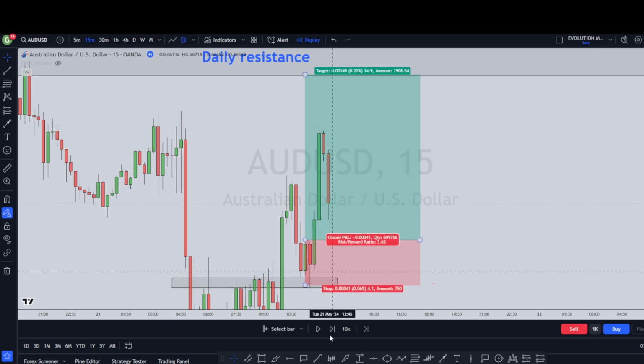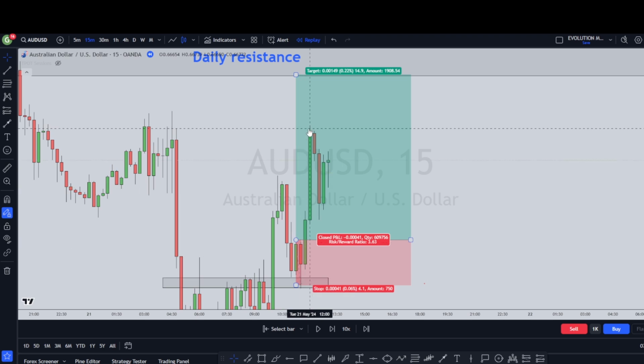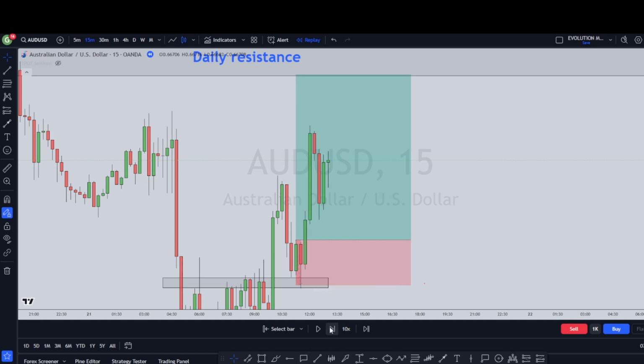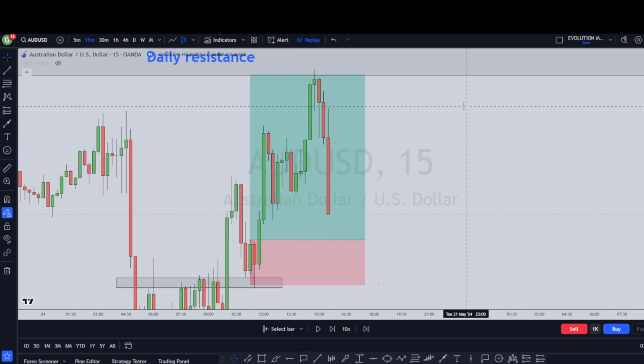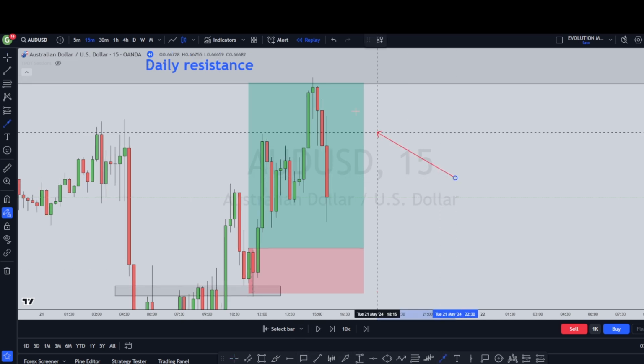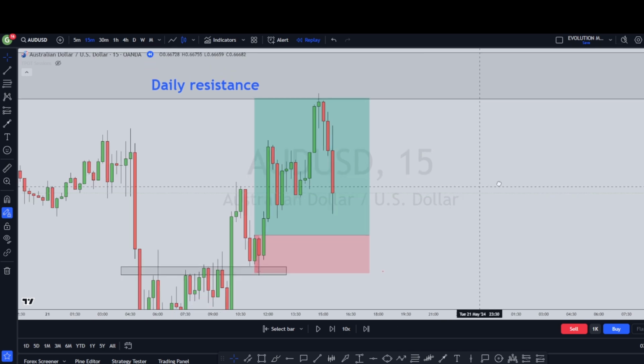Now, this was just a simple retracement after this impulsive move, and we expected a further impulsive move to come and touch this resistance area right there. You would have taken the trade off the table after price had touched our target area, which was this daily resistance. So that was the trade setup on Monday for a quick scalp trade within the range.